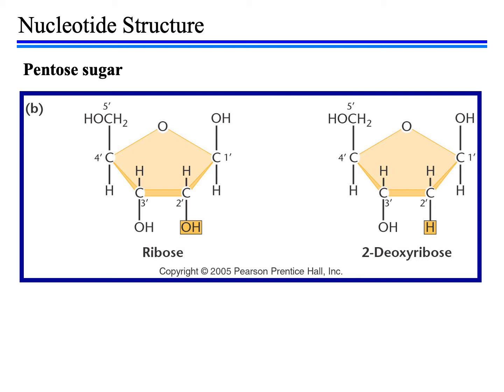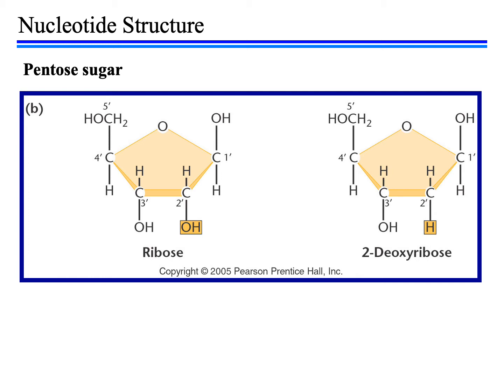They do have the little prime designation after the numbers, so it's actually 1 prime, 2 prime, 3 prime, 4 prime, and 5 prime. And that's to differentiate the carbons from an additional component in nucleotide structure, which is known as the nitrogenous base, and we'll get to that in just a minute.